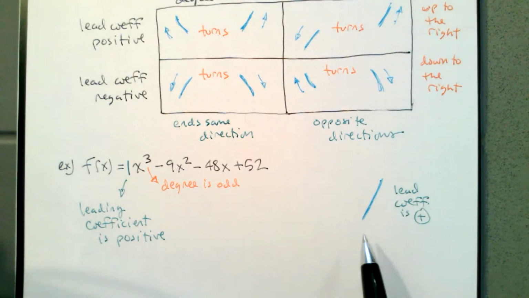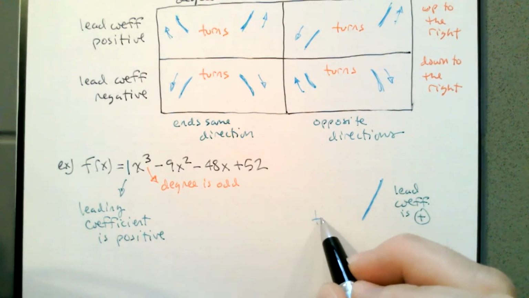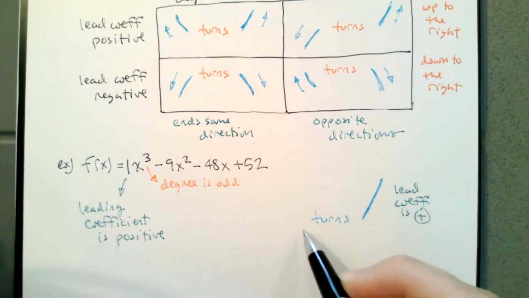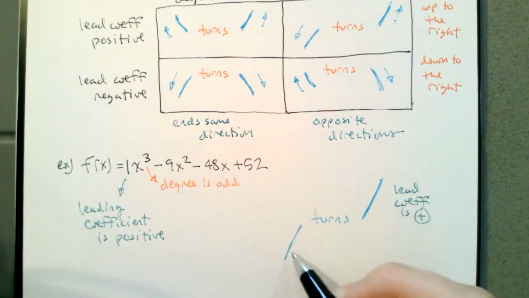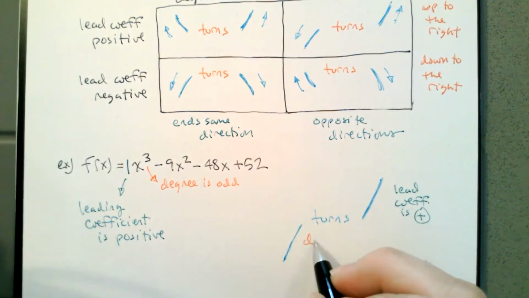In between, there will be some turns. And the other side will fall, going towards negative infinity, and that's because the degree is odd.